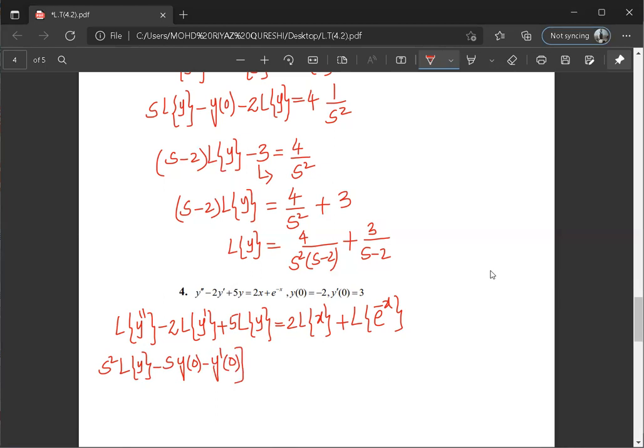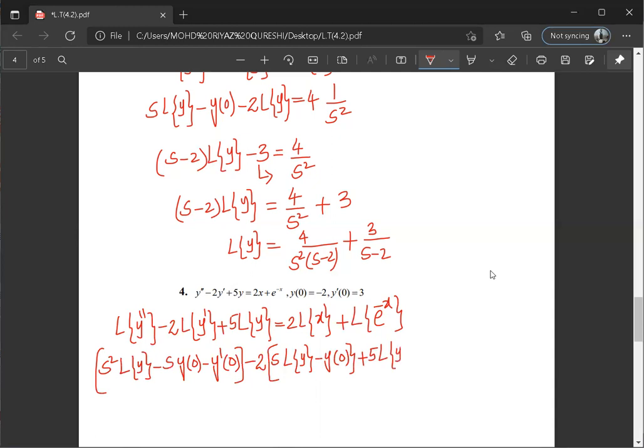This will be for y double prime; minus 2 will be a constant. Now the y prime formula: s into L of y minus y of 0. We should substitute those values after this step.